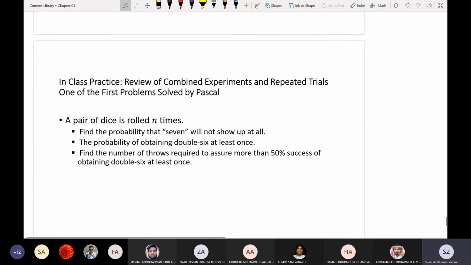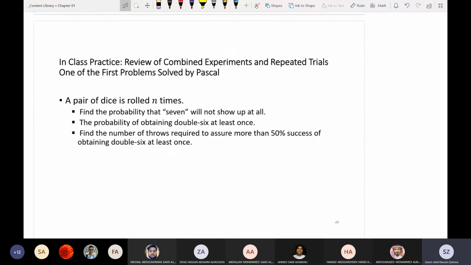So let's have one example about combined experiments. We have a pair of dice rolled n times, and we are interested in these questions.